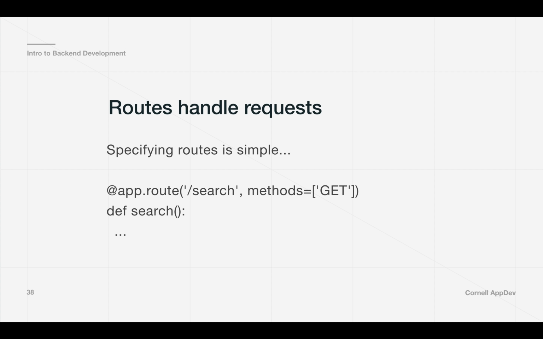It says, hey, this is a route for this specific URL, /search, and the methods that it supports is GET. If we wanted to have more methods, we could have GET, POST, or something like that. And then the function that gets called when some client wants to hit that URL is search, which is defined right under it.